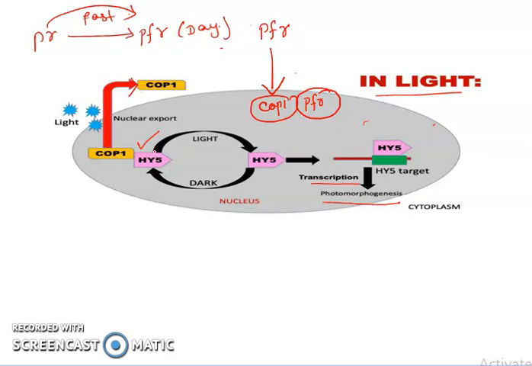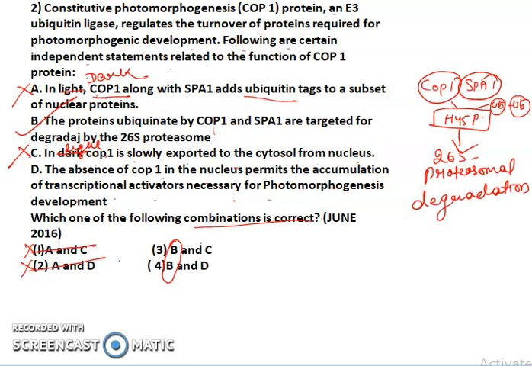Now, this HY5 will act as a transcription factor by which further transcription can take place and photomorphogenesis will take place, due to which the plant can grow in a proper manner. So, this is the incorrect option, by which we can eliminate the third option. We now got the answer, that is the fourth one is our correct answer.